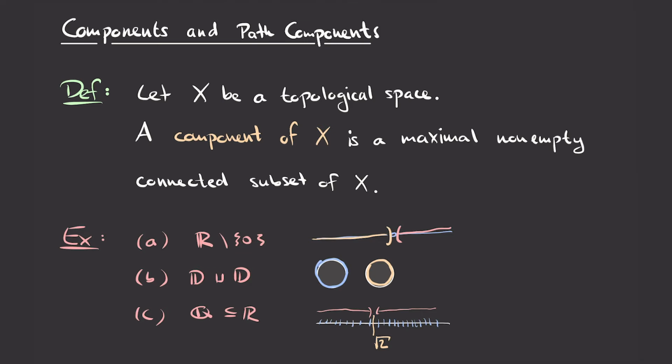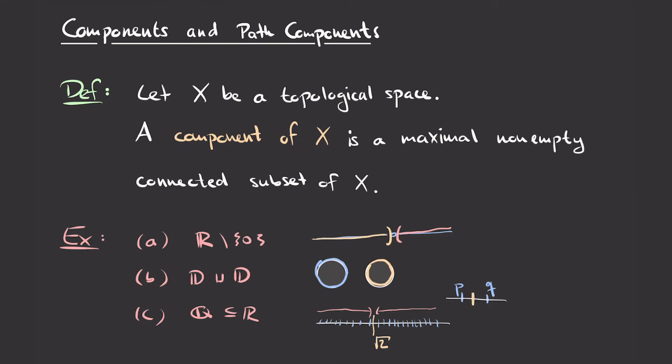Why is this? Well, suppose that we have two rational numbers, p and q, which supposedly lie in the same component. Here I've zoomed in on the number line. So we suppose that these are part of the same component. Now, by properties of the rational numbers sitting inside the reals, there always exists an irrational number that lies between any two rational numbers.